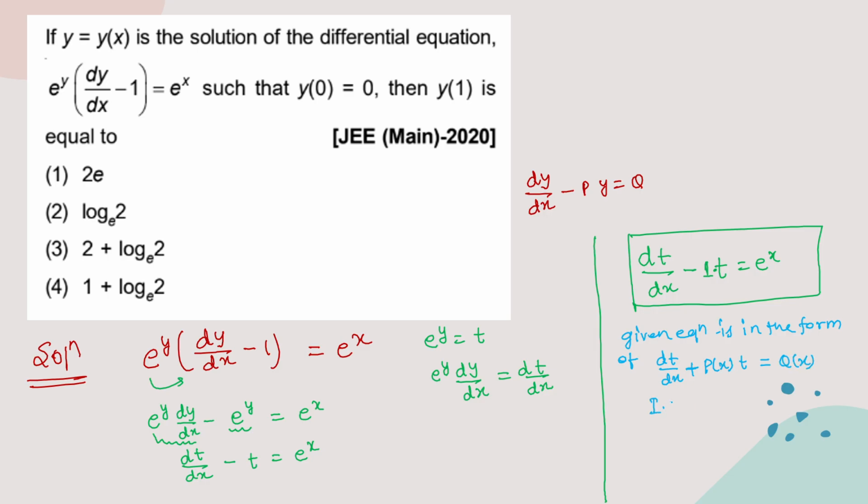So again, integrating factor value remains same, e to the power integral of p of x into dx, and the solution. Instead of y, t will be written: t into integrating factor is equal to integration of integrating factor into q of x dx, and then you will be getting a c constant. Now just put it back and get your answers.